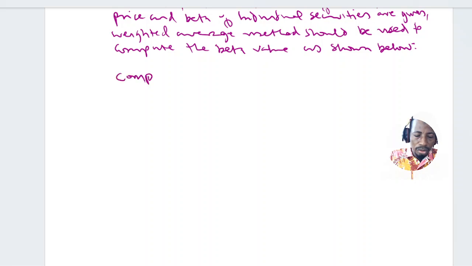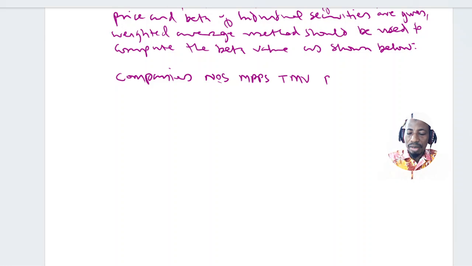The first column will be for the companies in the portfolio. Then 2, the number of shares. 3, the market price per share. Then 4, total market value. Then column 5 will be the beta value of individual security. Then column 6 will be for the weight.